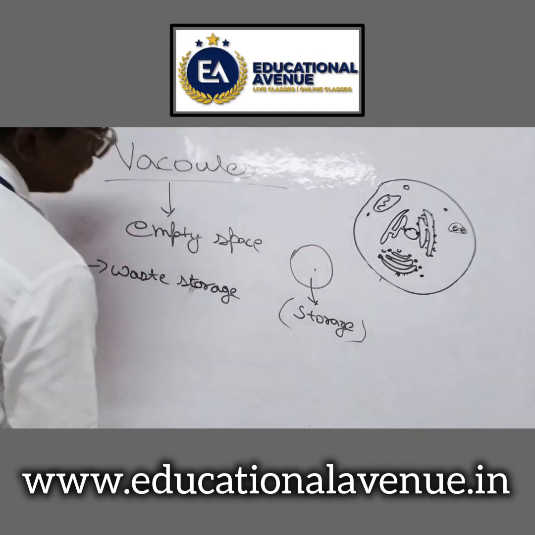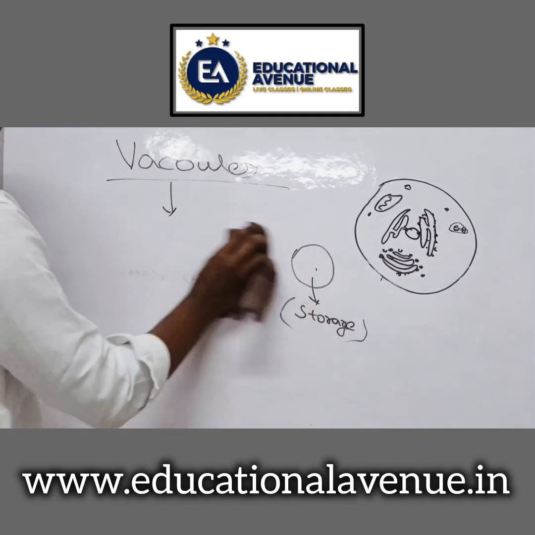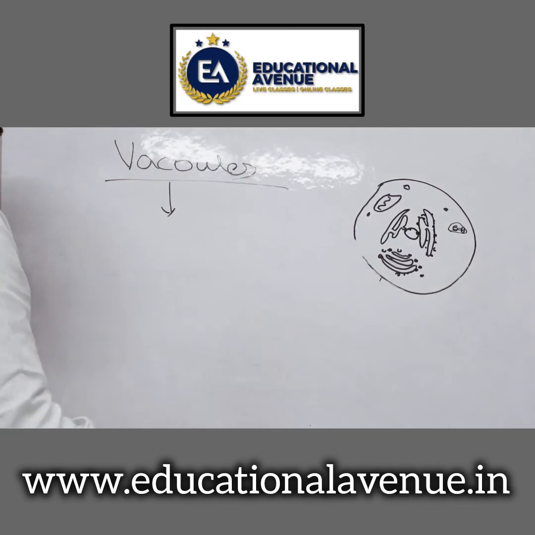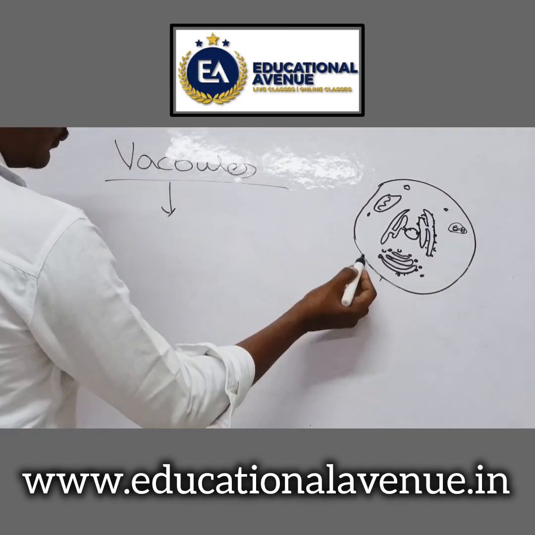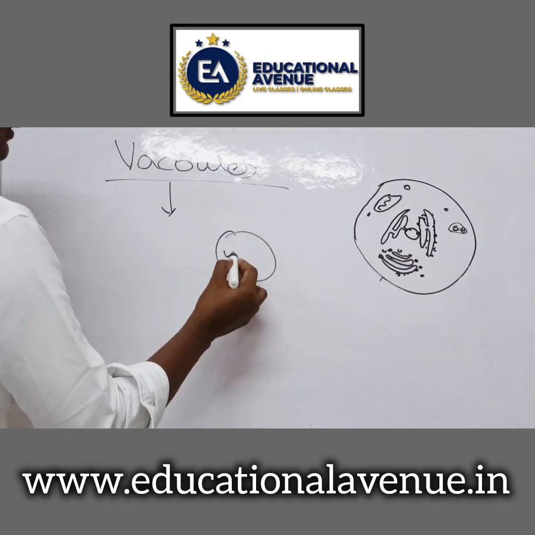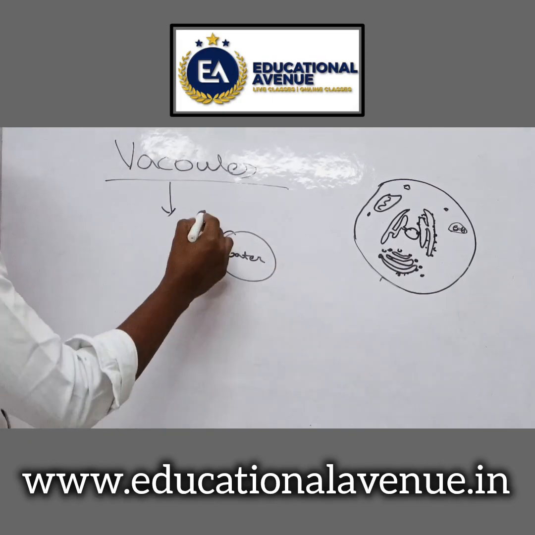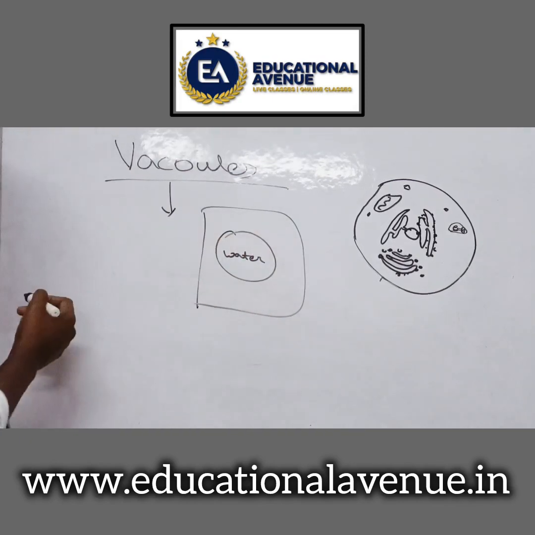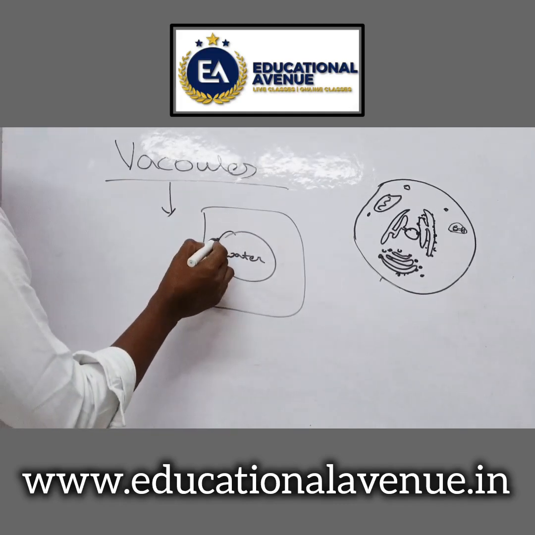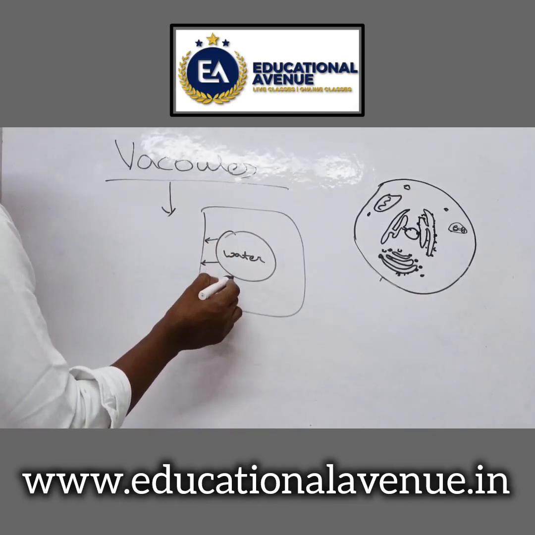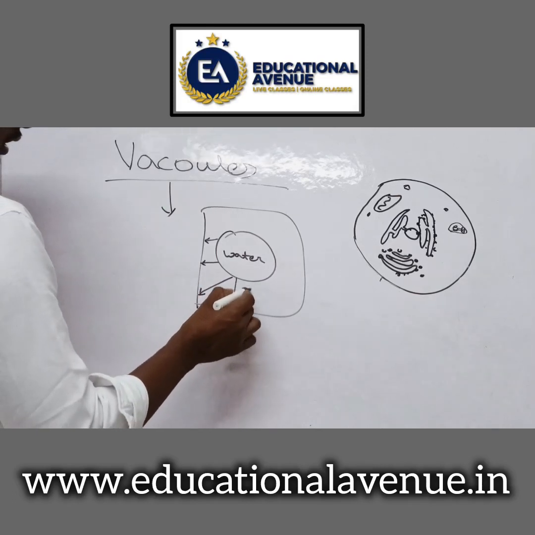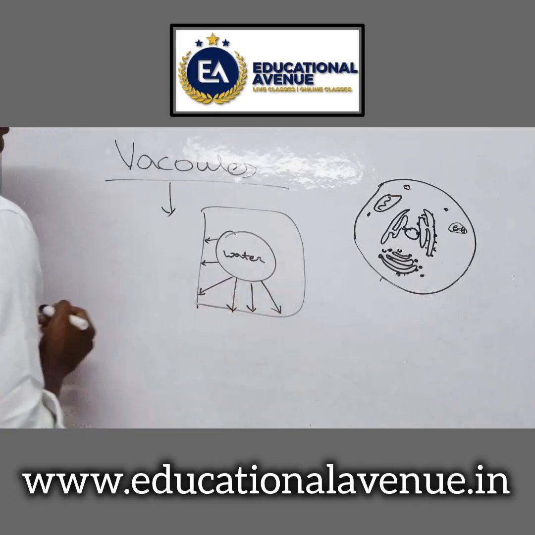Now one of the major functions of this vacuole is that the vacuole will be filled with water. Now this cell has a vacuole, and it will apply turgor pressure all around the cell.